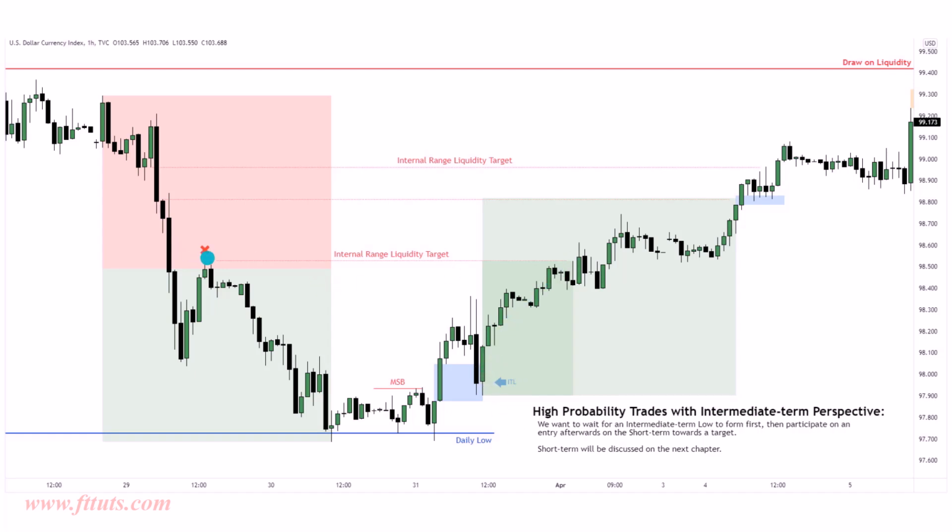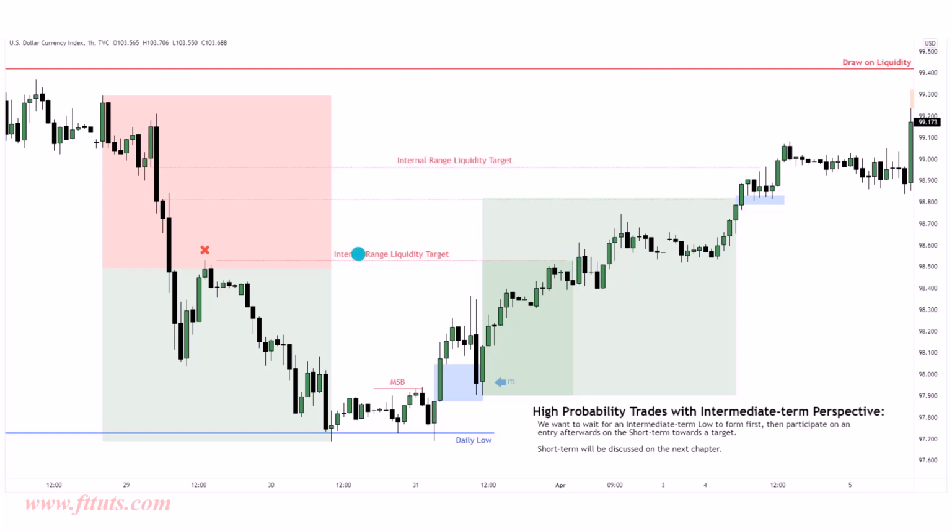So here is our first target. We are in a premium market. We have an internal range liquidity target exit here. So within this green shaded area, we can be a buyer towards it. Okay?